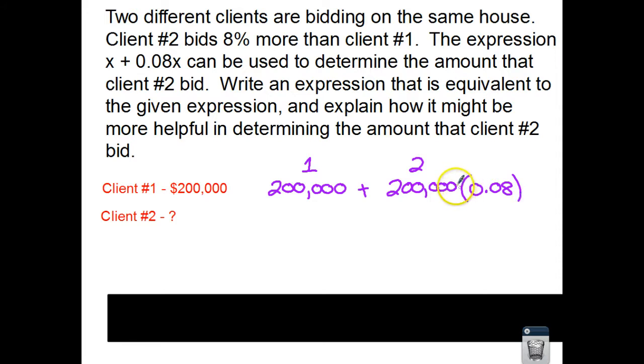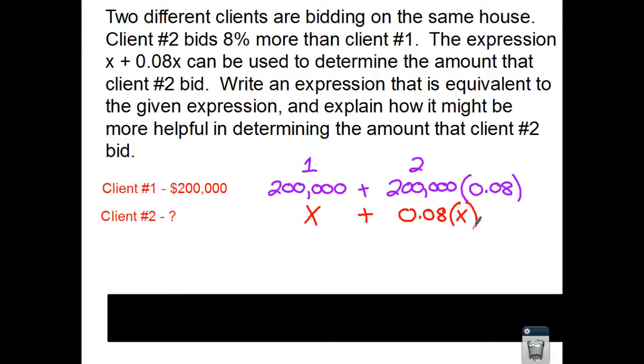So 8% of $200,000 is a multiplication problem. Of means multiply. All right, so here is your setup expression. Client number one was their bid called X, and client number two's bid was 8% of client number one's, which was X. And we have this expression that has multiple values for X.